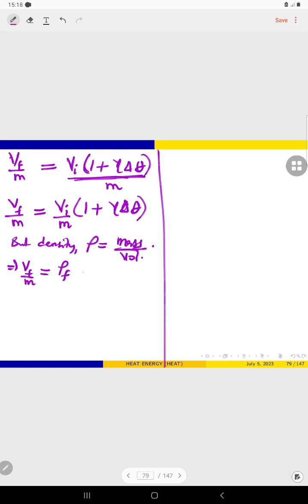Is that not it? And Vi over m will give us the initial density. Is that not it?